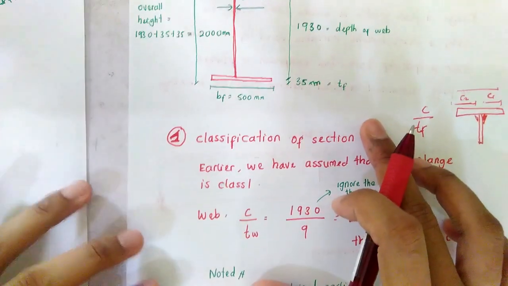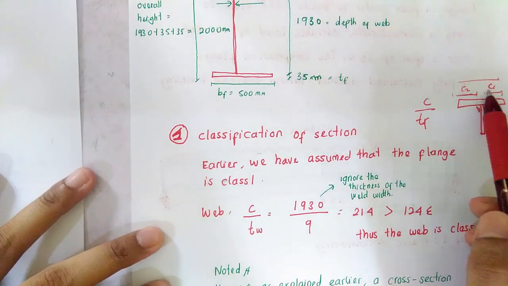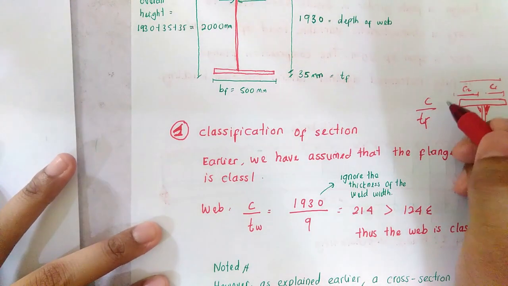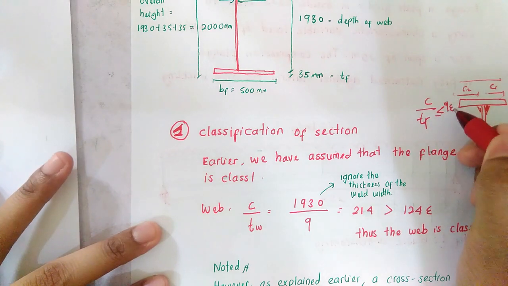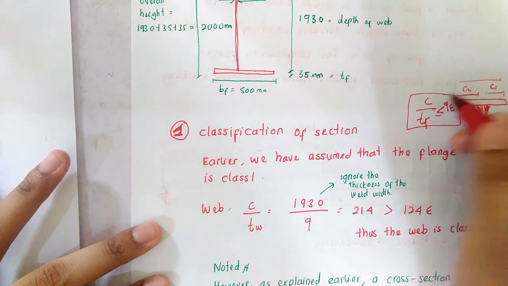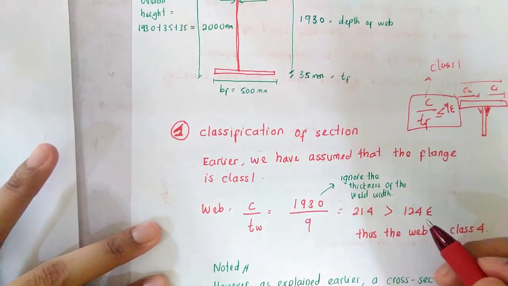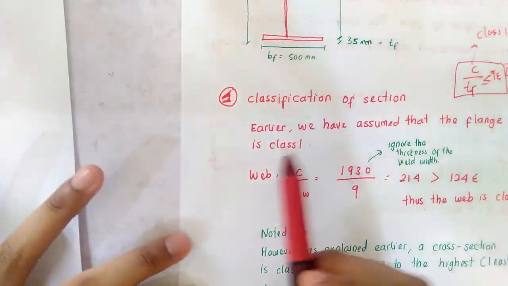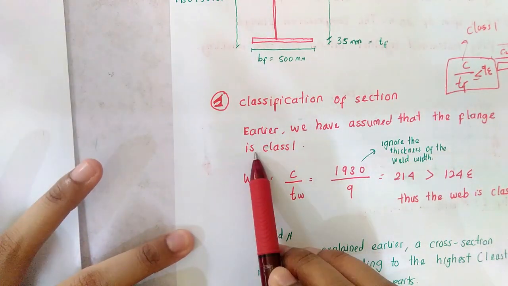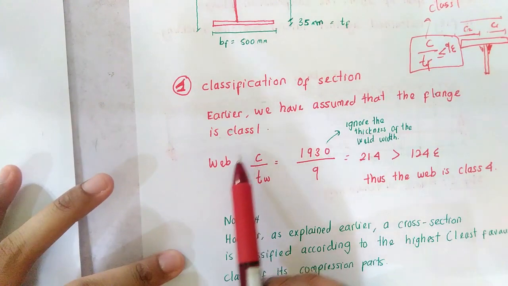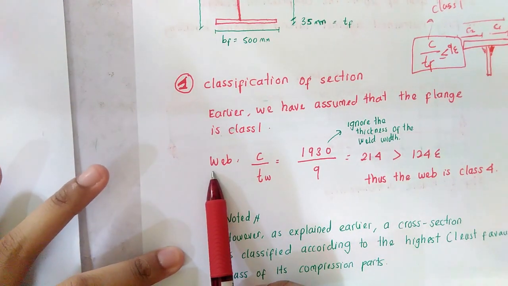In these examples, we assumed that c over tf must be lesser than 9 epsilon, which indicates that it is a class 1 section. Because of that, our flange is classified as class 1. However, we didn't yet classify our web.